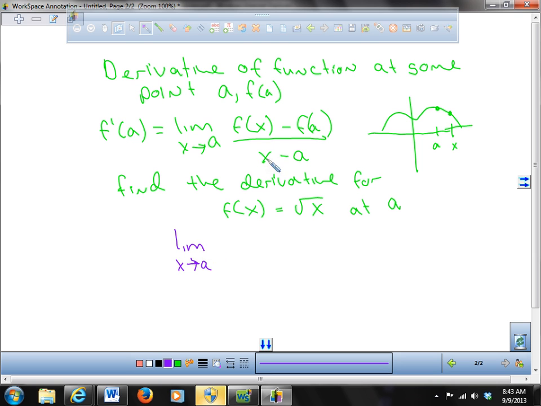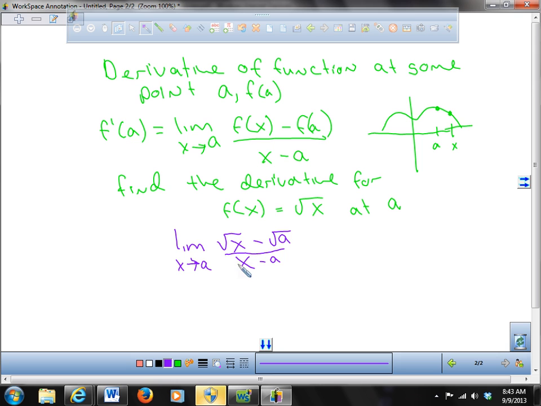So what you do is you plug in f of x, which is just root of x. F of a is just root of a, over x minus a. And what as x goes to a means is you take a and plug it in there for x. Okay? What happens if I plug in a in here?